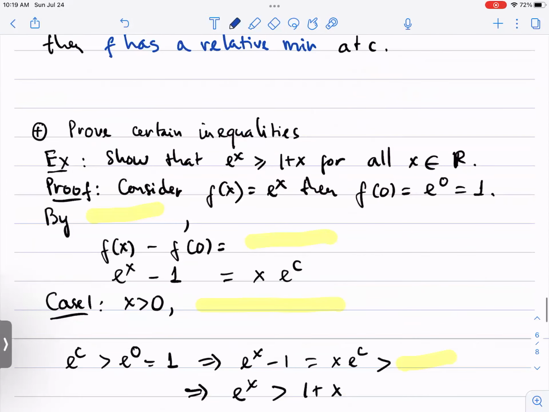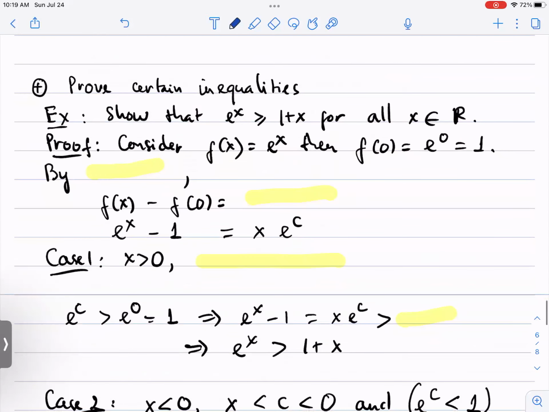Now, one more, and somewhat surprising, application of the mean value theorem is to prove certain inequalities. Let me give you an example here. We want to show that e to the x is greater than or equal to 1 plus x for all real numbers x. The proof goes as follows. Consider the function f of x equals e to the x. Then f of 0 equals e to the 0, which equals 1.